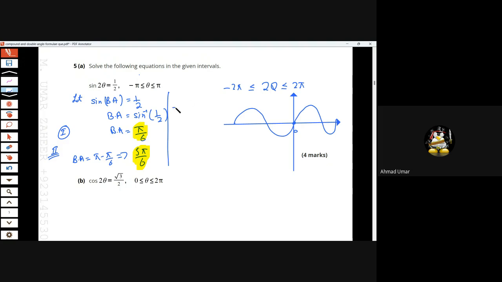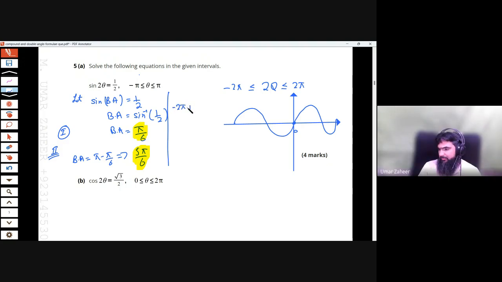So minus 2 pi plus pi over 6, that would be 6 times 2 is 12, minus 11 pi over 6. And minus 2 pi plus 5 pi over 6, that will be minus 7 pi over 6.